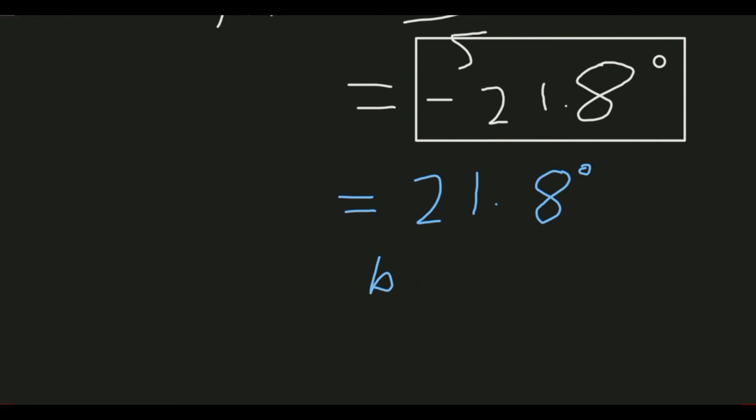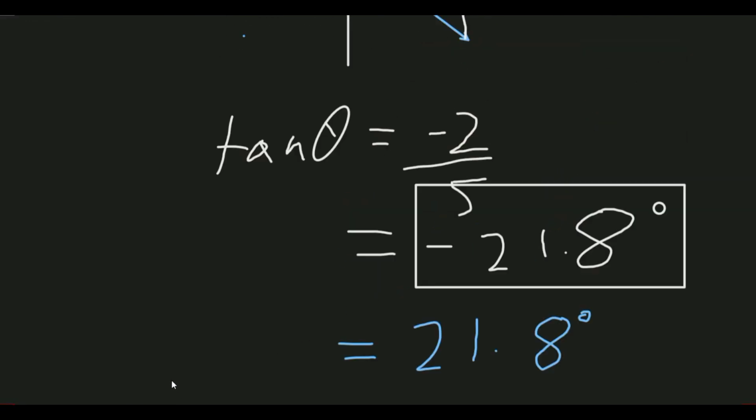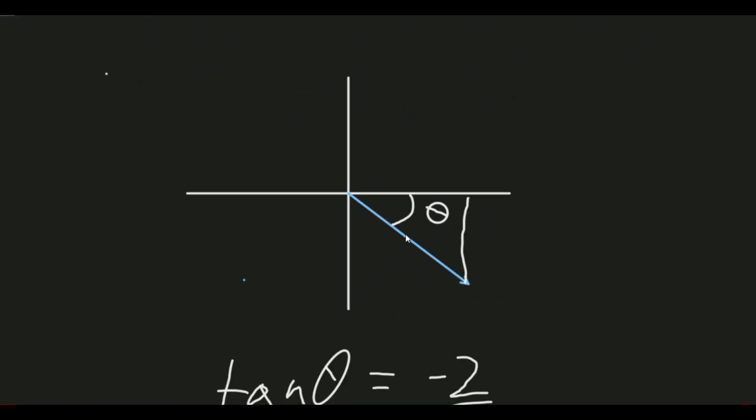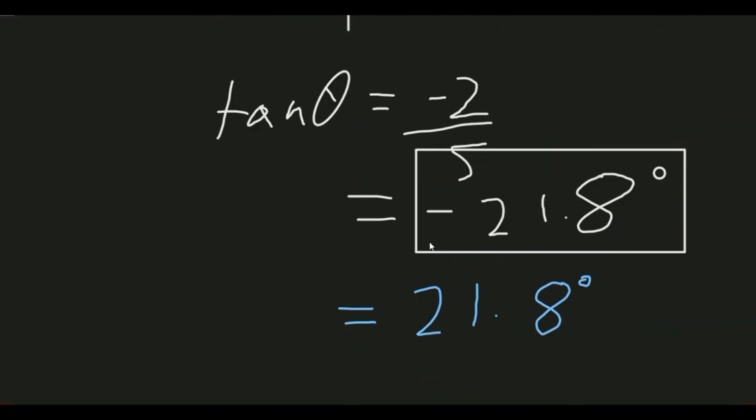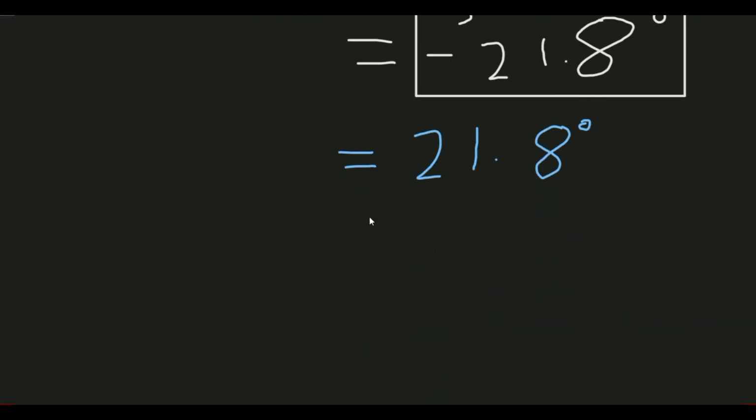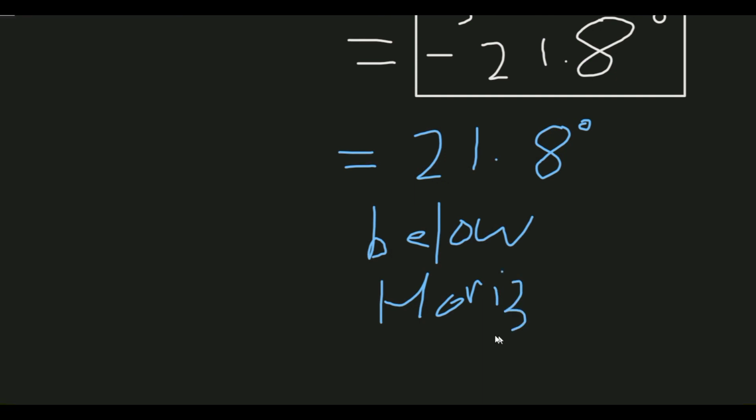That's how you write the direction. If it's below the horizontal line, you can write minus 21.8. Minus shows that it's below, but it's better to write 21.8 degree below horizontal. Pardon my handwriting. Alright, so that's the end of this lesson.